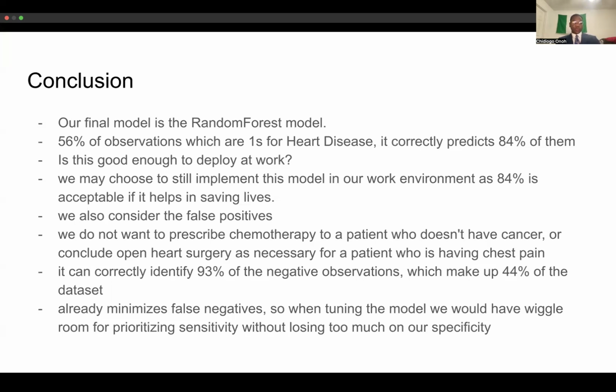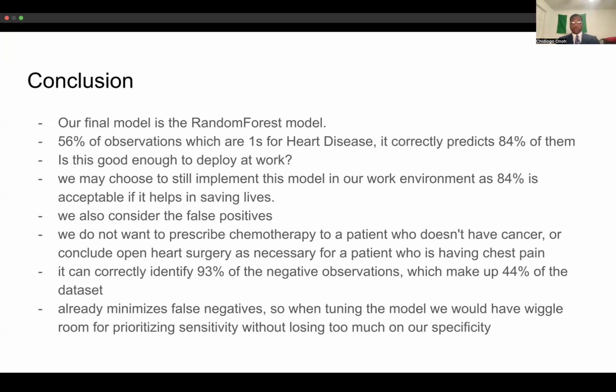However, we must also consider the false positives. We don't want to prescribe chemotherapy to a patient who doesn't have cancer, and we don't want to conclude that open heart surgery is necessary for a patient who's just having some other sort of chest pain. For this reason, it's important to make sure that our specificity is also very high. Fortunately, our random forest model has a specificity of 93%.